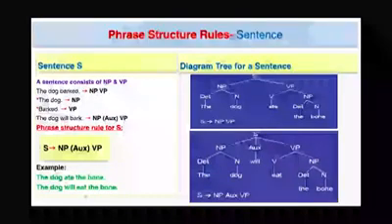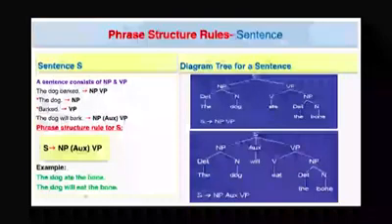The NP constitutes a determiner, which is the, and the noun, which is the dog. And the VP breaks into a verb ate, and then NP, which breaks into a determiner the, and the noun bone. I hope you are following with me.